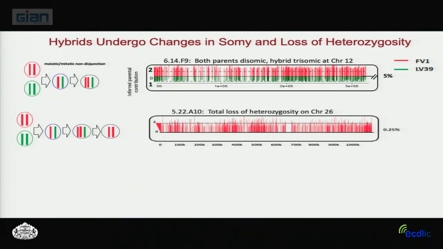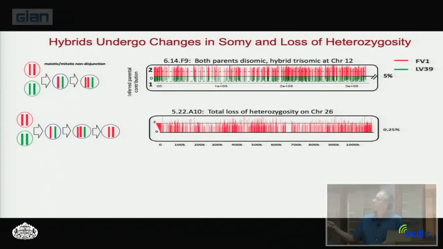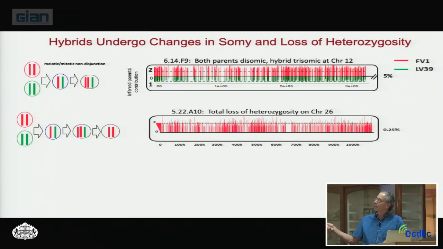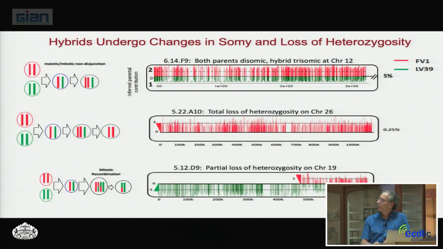And then we see total loss of heterozygosity on a chromosome in another hybrid. But these unexpected changes occur at a very low frequency, so just less than 1% of the hybrid chromosomes show this kind of aberrant inheritance pattern.